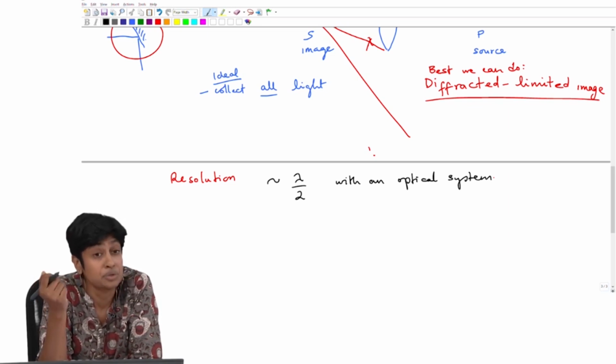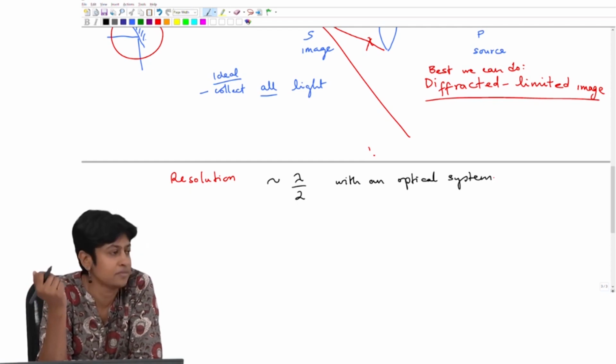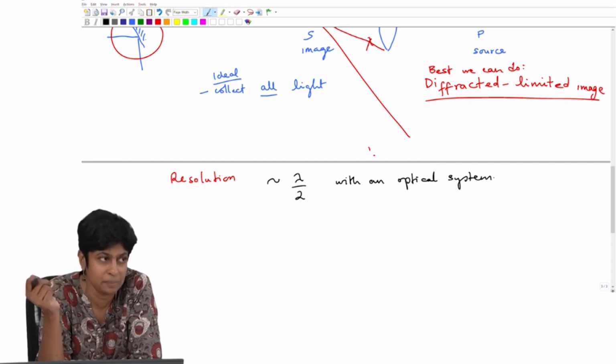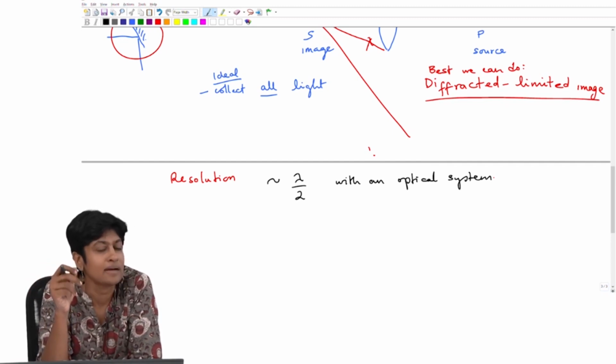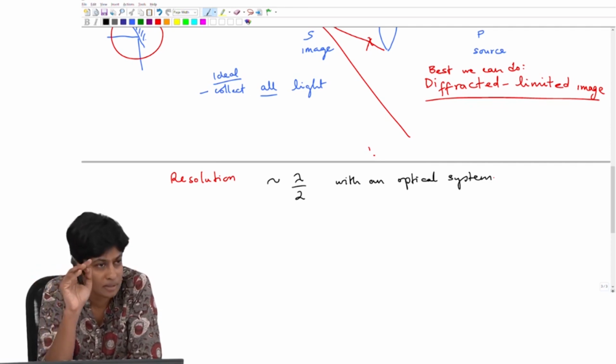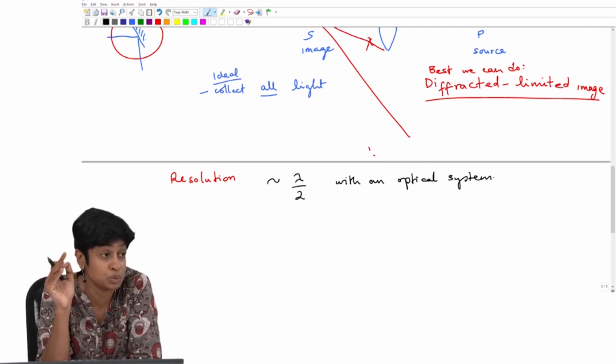You can use ion beam microscopy, again tens of nanometers. You can use atomic force microscopy, again very high resolution. So you have many different ways of imaging, but in optics, it's diffraction limited, and you are stuck with around lambda by 2.